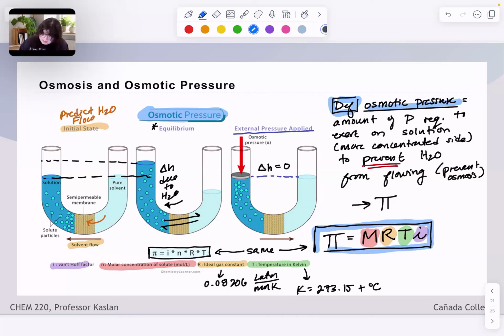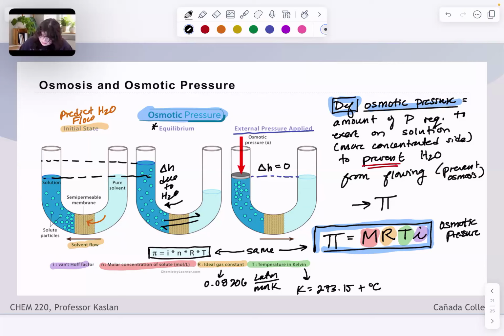And let's pay attention to the units, because I think we just assume that since we are in a chem class, our units are always going to be in atmospheres. And the answer is like, yes, but also no. So let's see here. This is osmotic pressure.